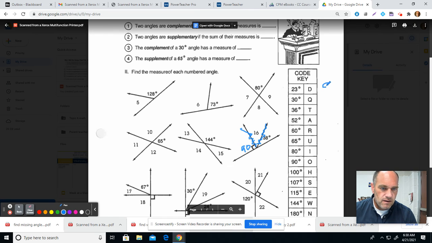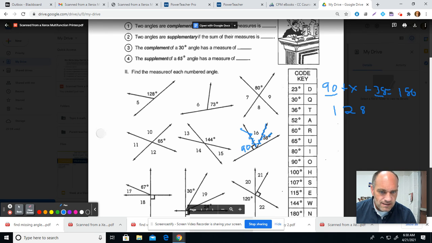So this idea of the right angle plus some type of angle, which I don't know what it is, so I'm just going to call it x, plus 38 has to equal 180 degrees. So what I could do is I could add these two pieces together. So 90 plus 38 is going to give us 128 when I add these two pieces together.